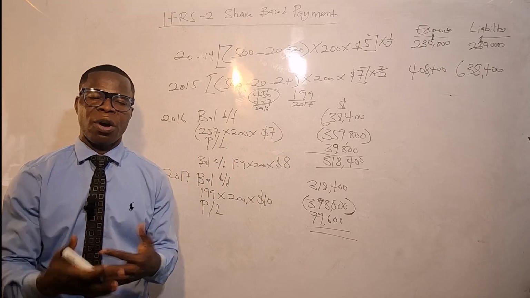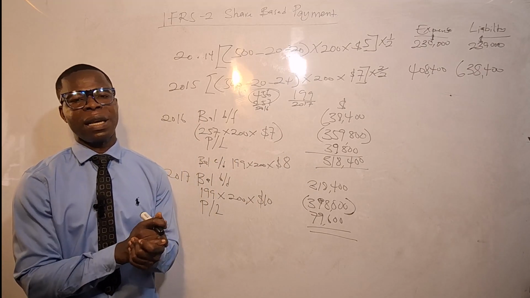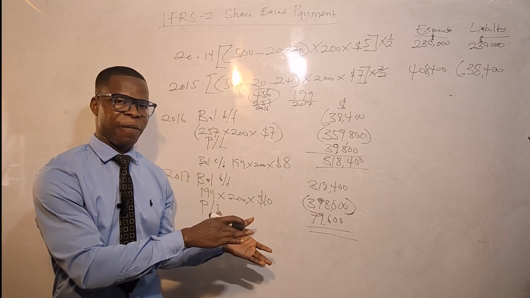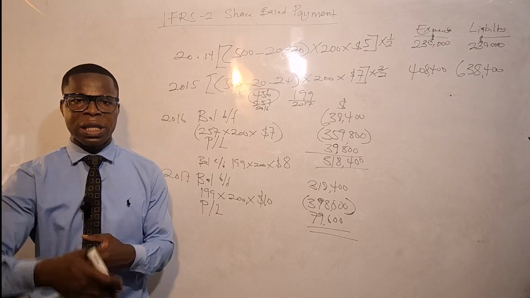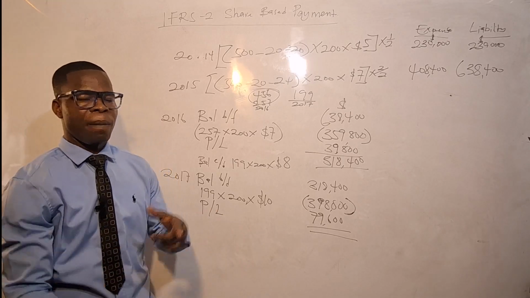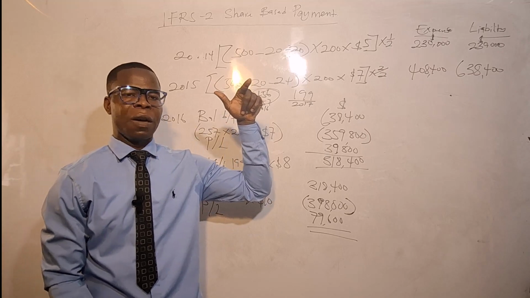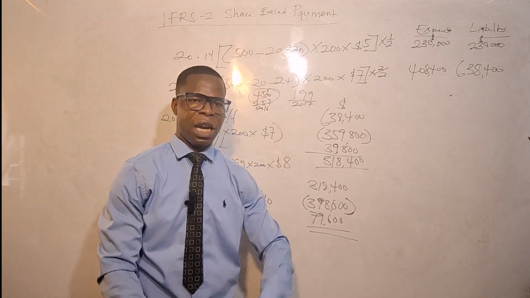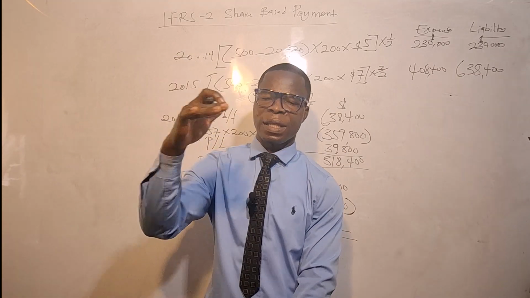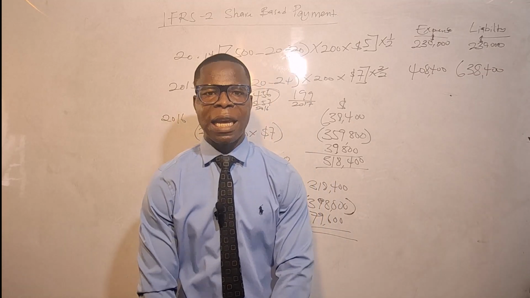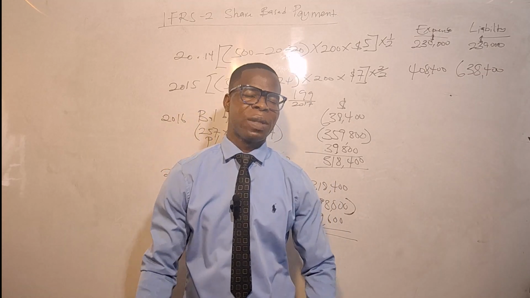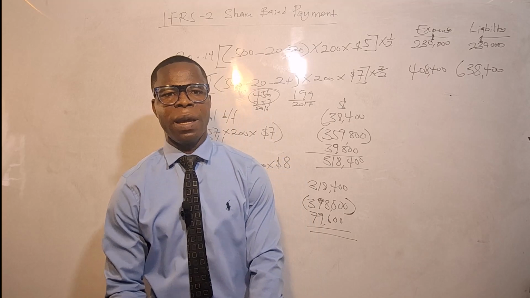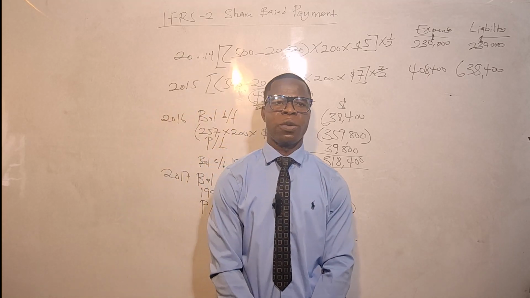It's not always the case that all of the employees will exercise their rights at the same time. Some will do theirs first and others later. Those that will continue to hold their rights must be measured at the fair value of the share appreciation right, and those that have exercised their rights have to be measured at the intrinsic value. Under normal circumstances, they should always provide you with the intrinsic value. So please take note of that.